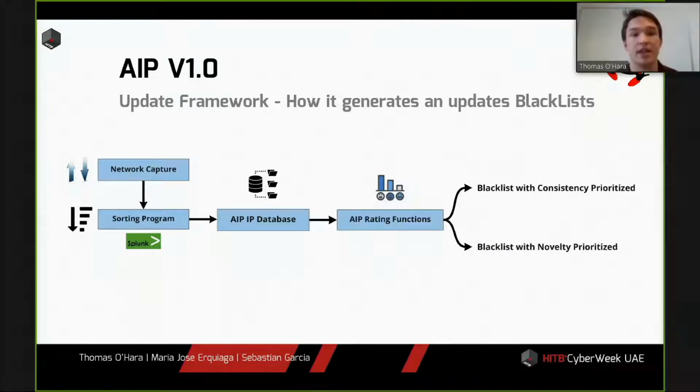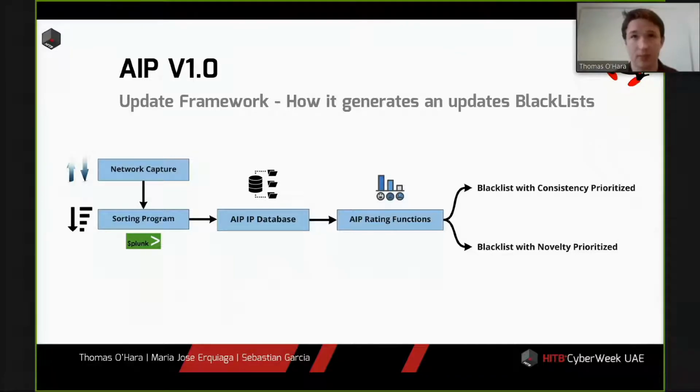This database is then fed to our rating functions, which generate a numerical value representing the importance of each IP in the database. The higher the score, the more important that IP is to block. We currently have 2 models in our rating functions. One meant to create a blacklist with consistency prioritized, and the other to create a blacklist with novelty prioritized.